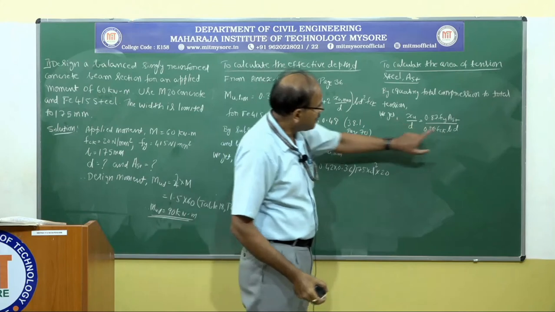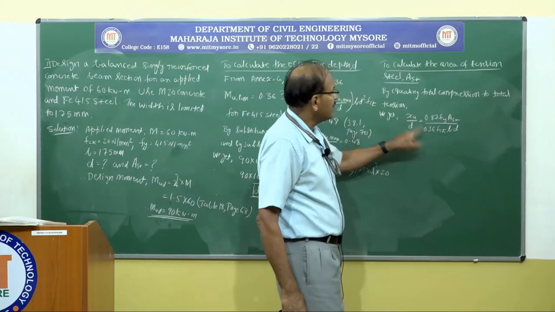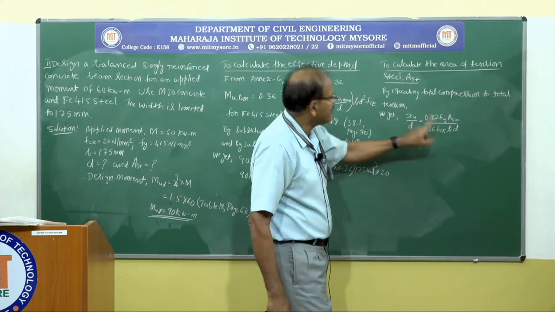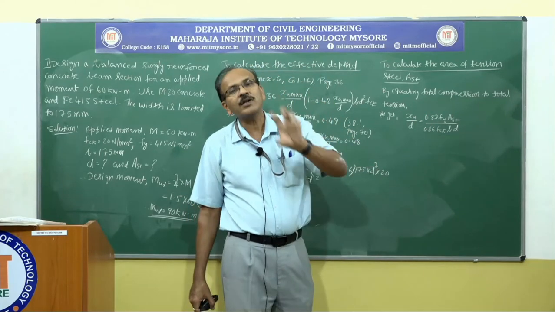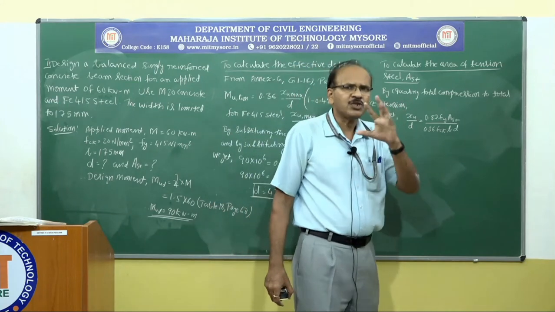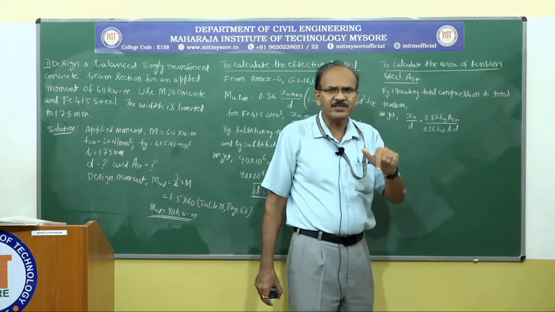So if you cancel D and D here, and cross multiply this with XU, 0.36 FCK XU multiplied by B will give you the total compression force. For force equilibrium, that should be equal to the total tensile force in the steel in the tension zone.